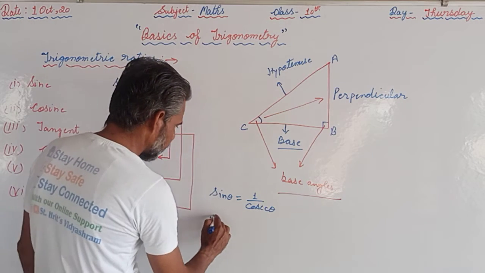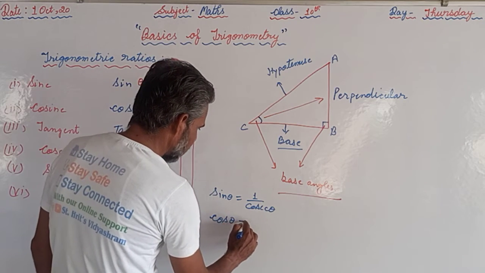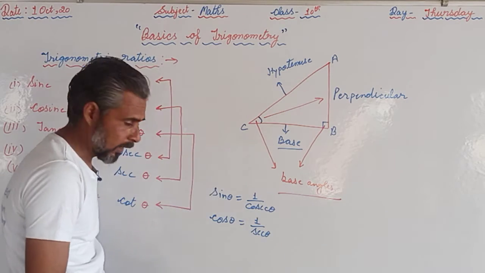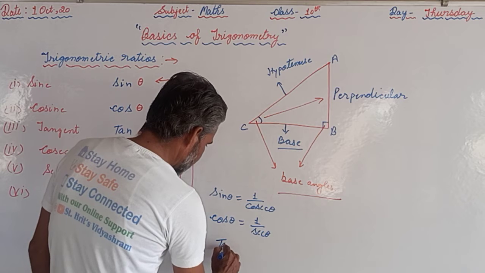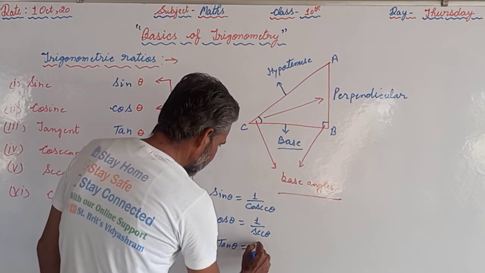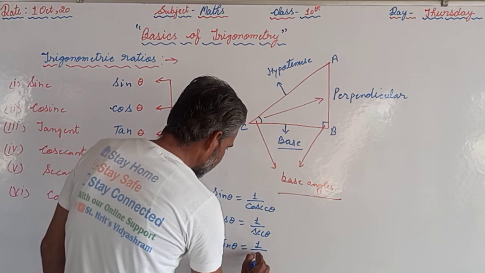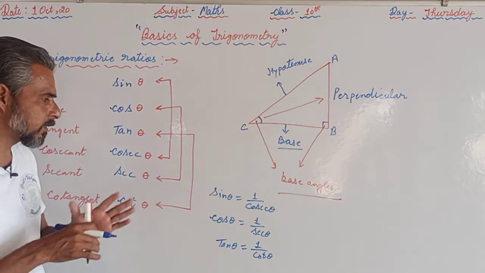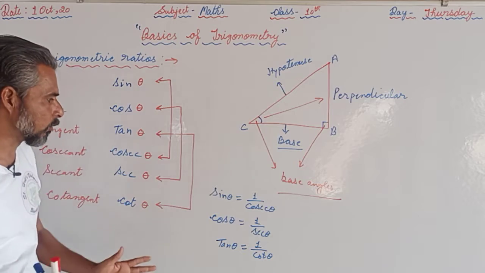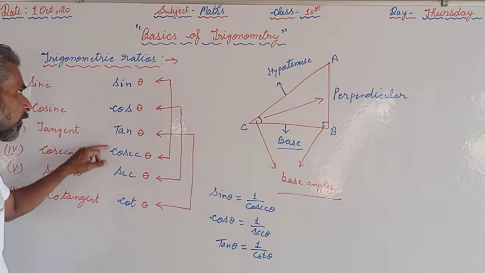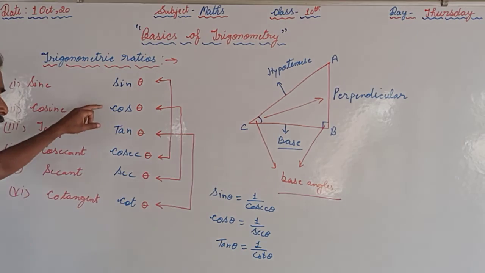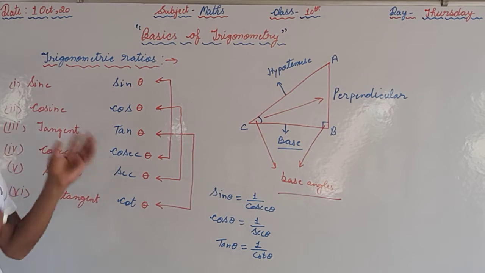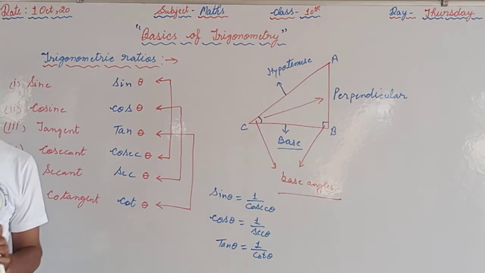At the same time, cos theta is equal to the reciprocal of sec theta, and tan theta is equal to the reciprocal of cot theta, or vice versa. Means the reverse is also true. Cosec is the reciprocal of sine, sec is the reciprocal of cos, cot is the reciprocal of tan. So they are the reciprocals of each other.